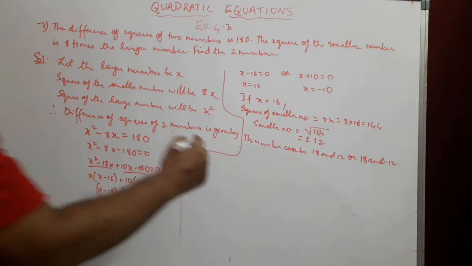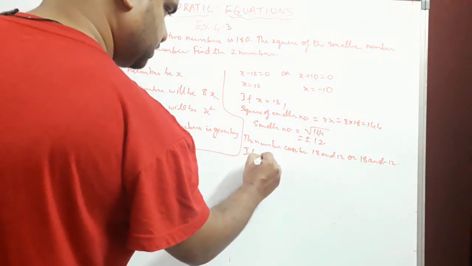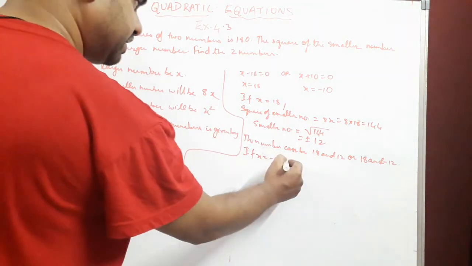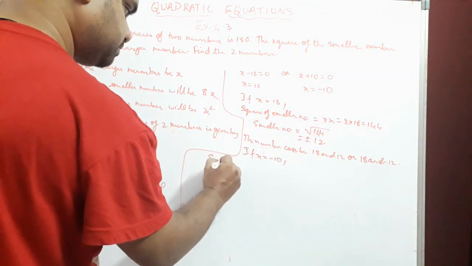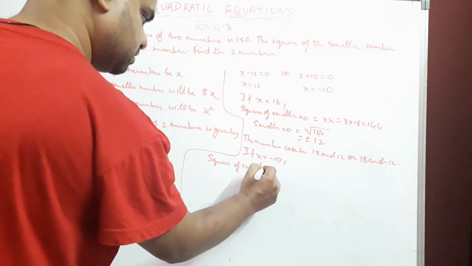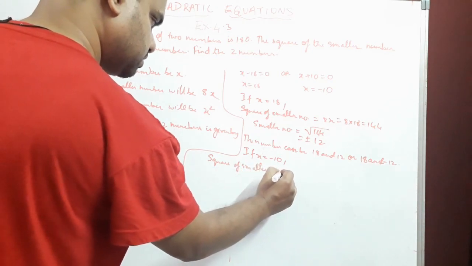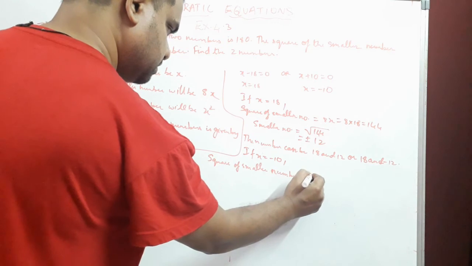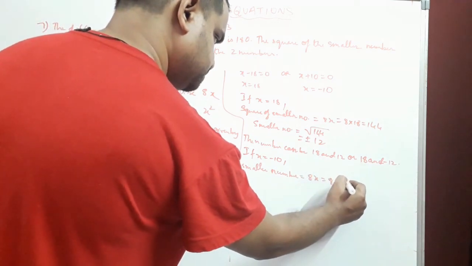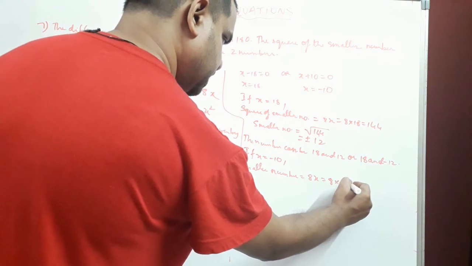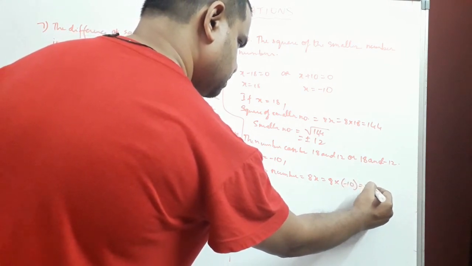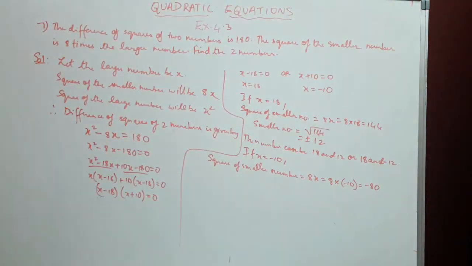What if x is equal to minus 10? So if x equal to minus 10, we'll see what we get. In that case, the square of the smaller number will be 8x, which is 8 into minus 10, which will be equal to minus 80.